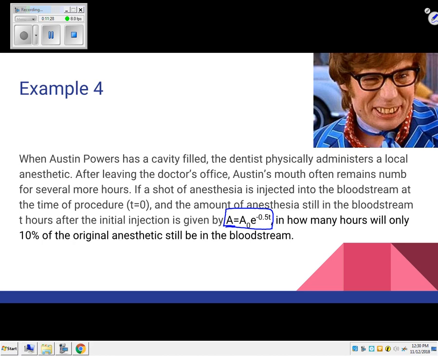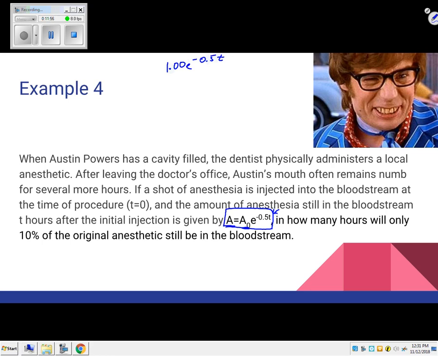So we've solved this when we've actually plugged in for t. Now we're trying to find t. So at time equals 0 right here, I have 1.00, 100% of the anesthesia in Austin's mouth. And then it wants to know when only 10% is going to be left.